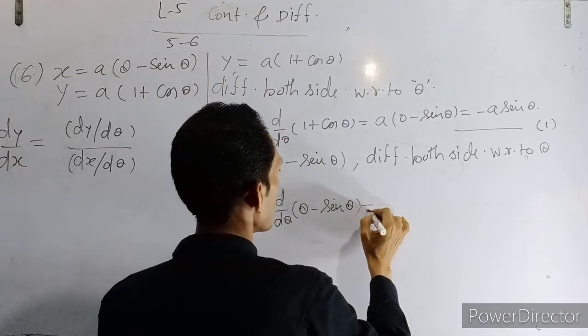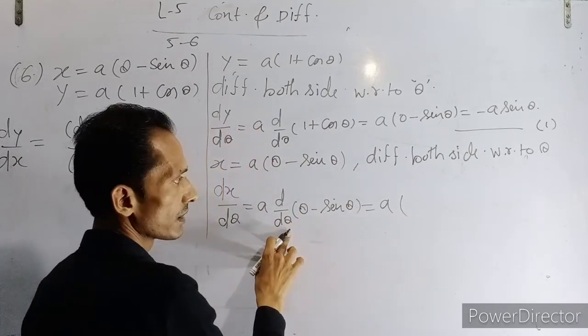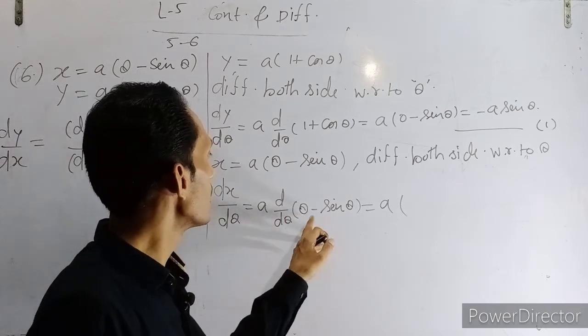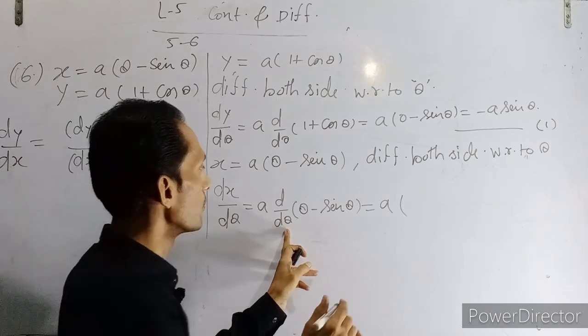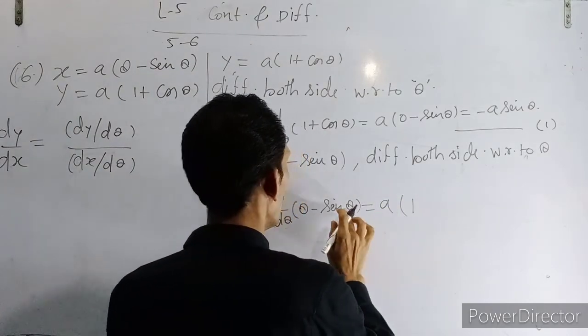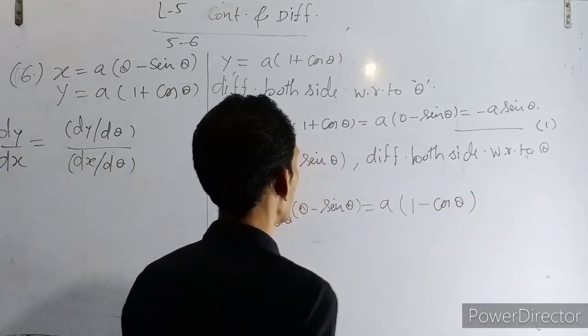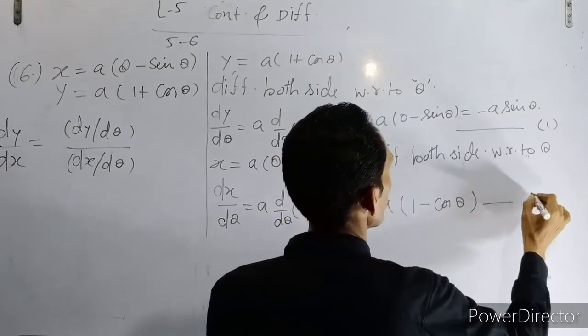The differentiation of x with respect to x is 1; similarly, the differentiation of theta with respect to theta will also be 1. That is 1, and sin theta gives cos theta, since the differentiation of sin theta is cos theta. So these are the two values.